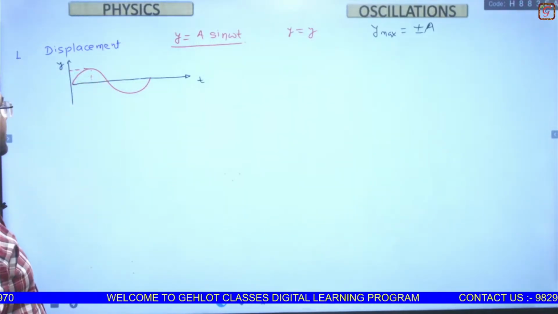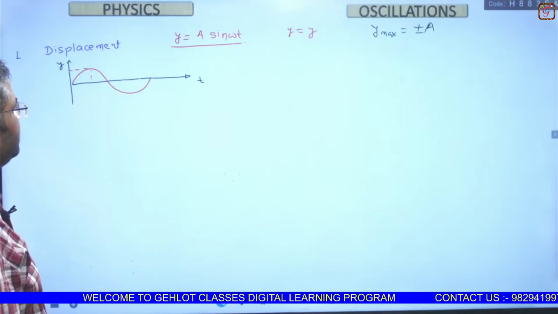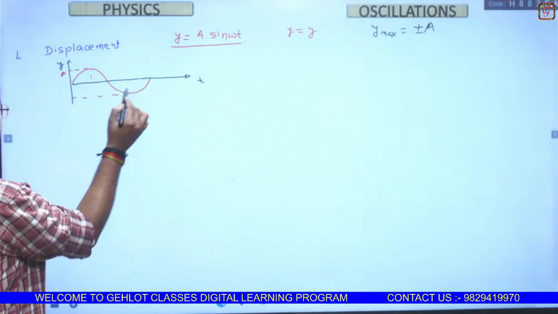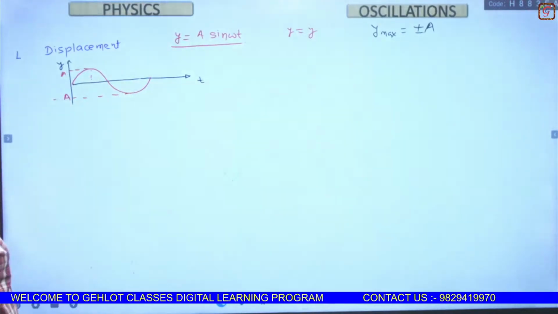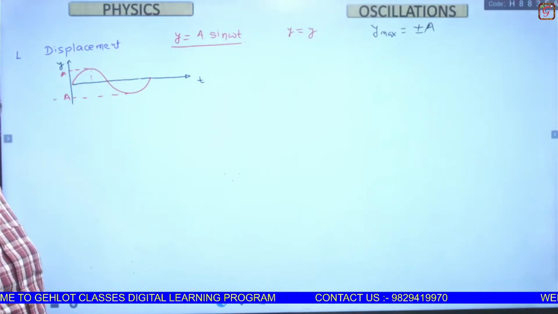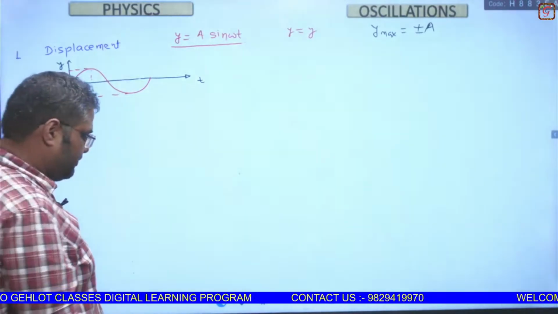What is the extreme value? Extreme value is plus a, and this is minus a. So this is the graph of displacement. I hope this is good for you.